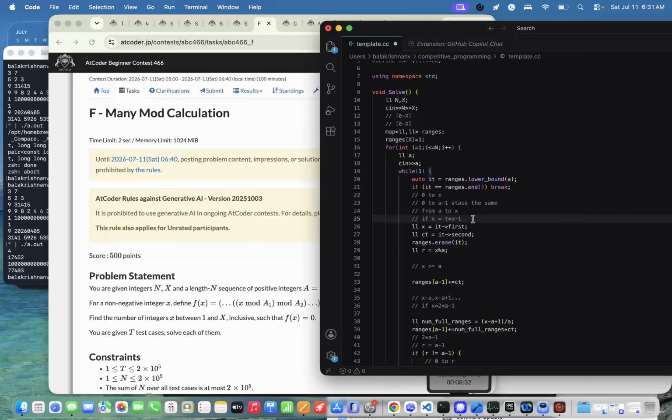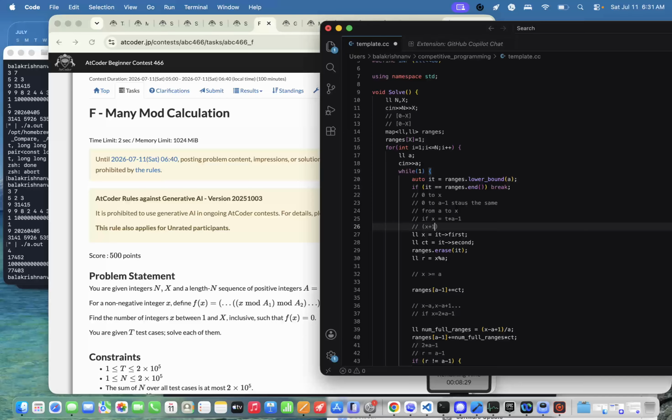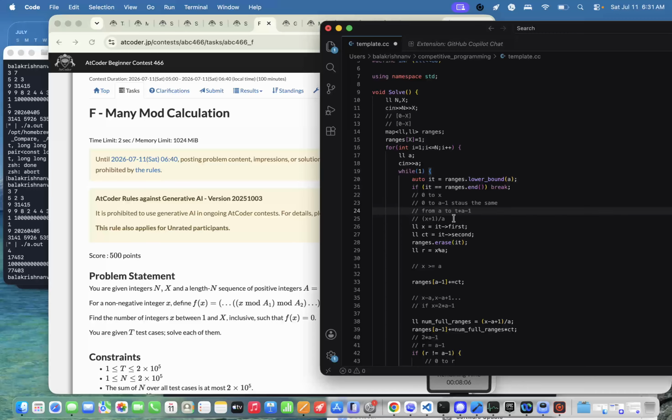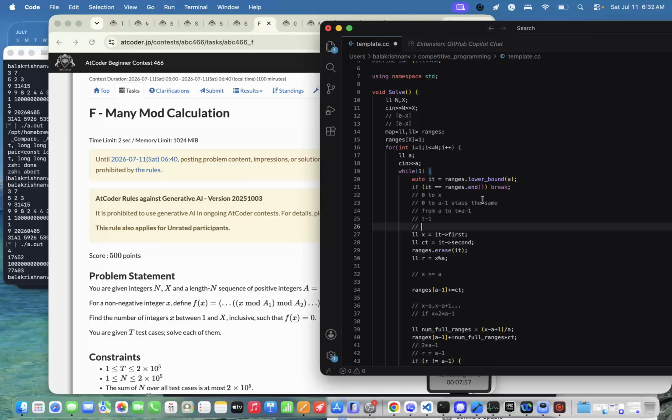So the number of full chunks in this case is x plus 1 divided by A. So from A to x, the number of full chunks in this case is t minus 1, which is just x plus 1 by A minus 1.